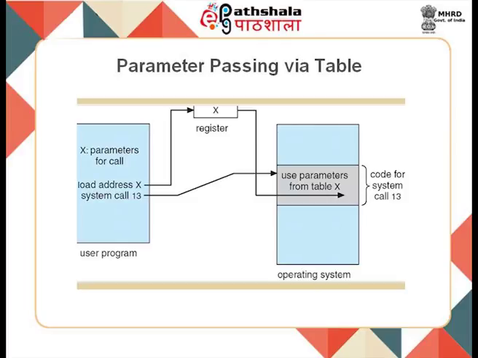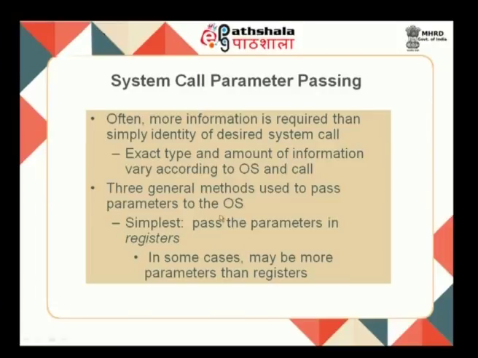So, how is it sent from the user space to the kernel? There are different ways in which parameters can be passed to the kernel. One is to use registers, that is, the parameters are put into registers and the kernel can access those registers and take the values from them.